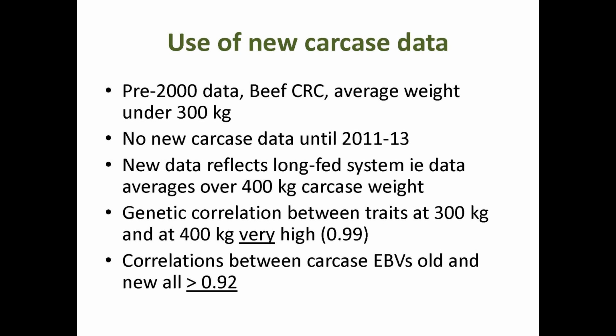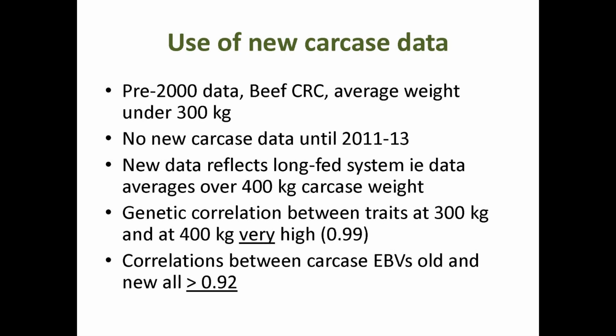It was Beef CRC data, and it was at carcass weights averaging under 300. No new carcass data came into the system in your breed or anywhere else basically until a couple of years ago, and it came in through a couple of the BIM type projects that are now underway. So essentially there was no new carcass data for more than 10 years.